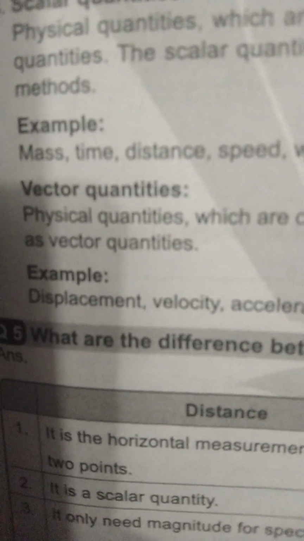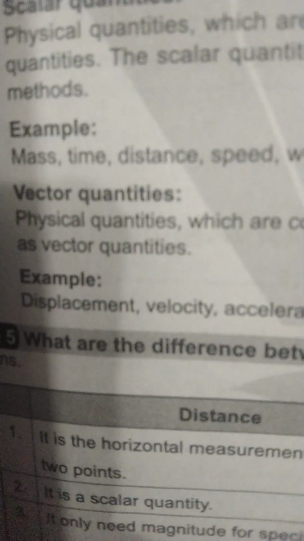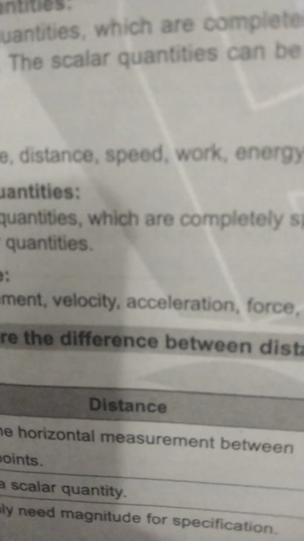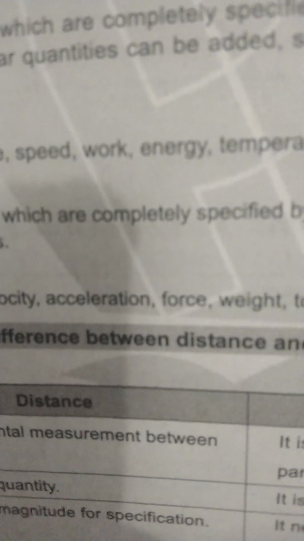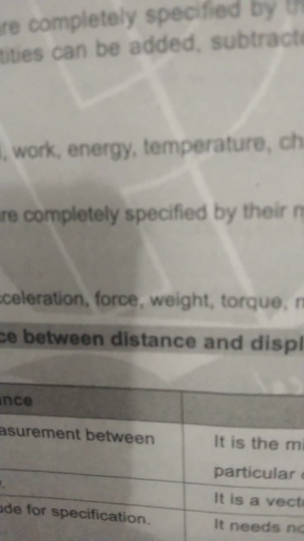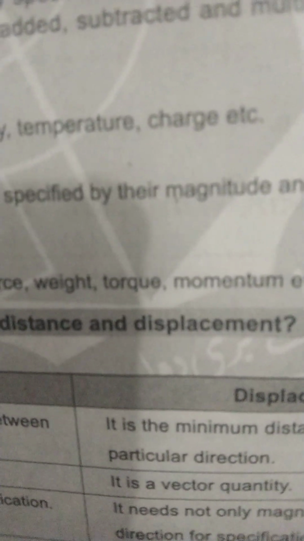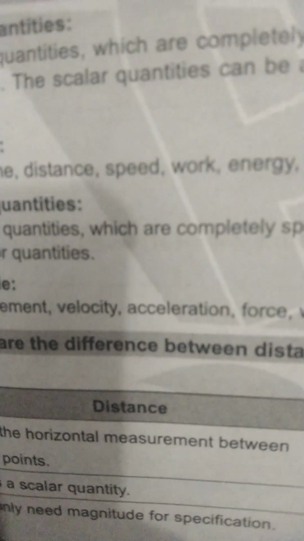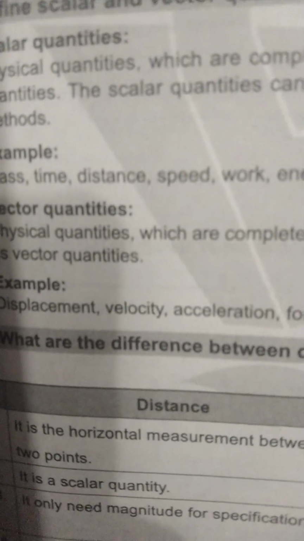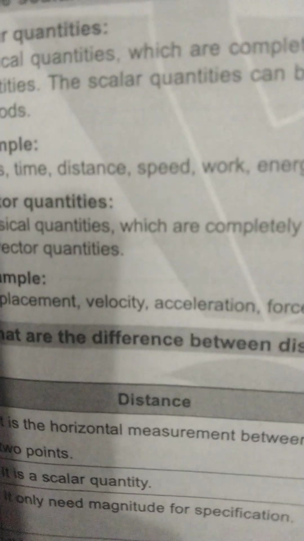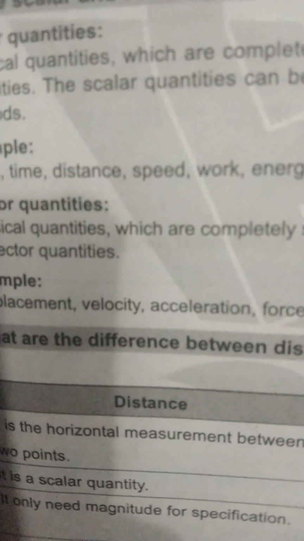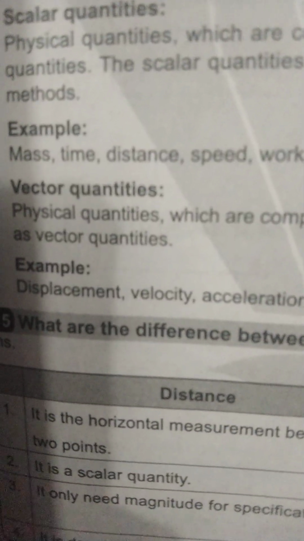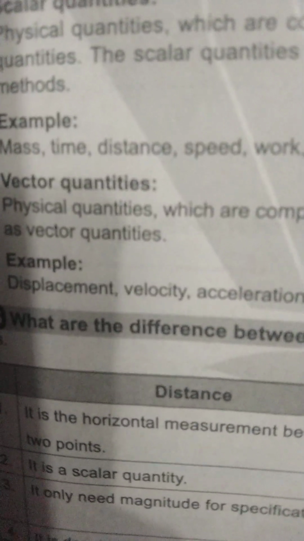Examples that mostly come to mind are displacement, velocity, acceleration, force, weight, torque, momentum, etc. All these are vector quantities. Why? Whenever you see the apple falling, it is falling in some direction. If anything has a direction, it is a vector quantity.